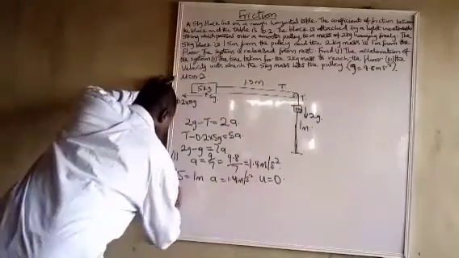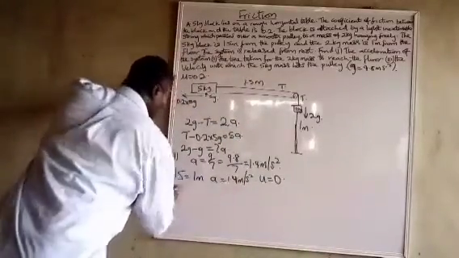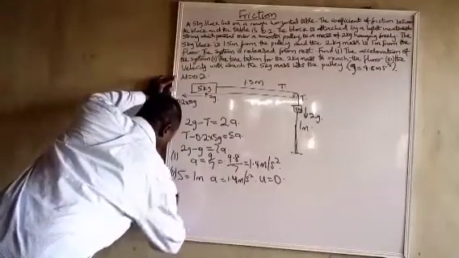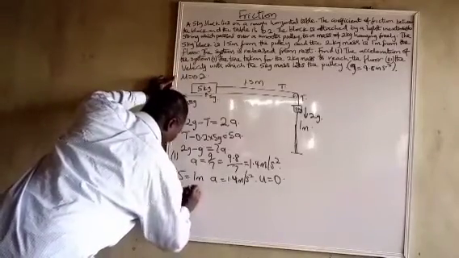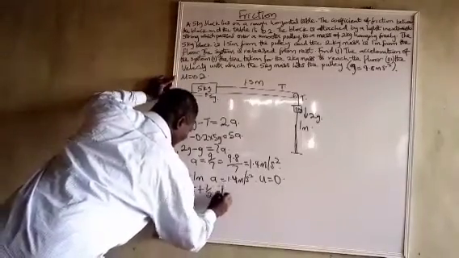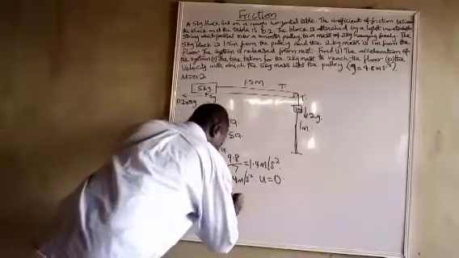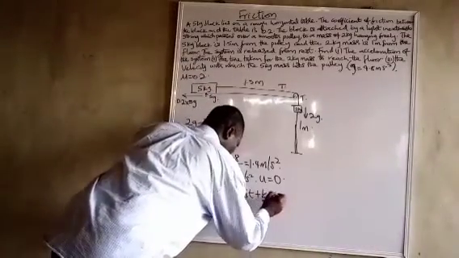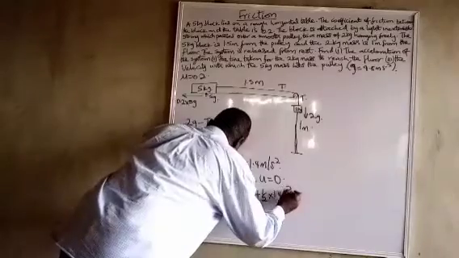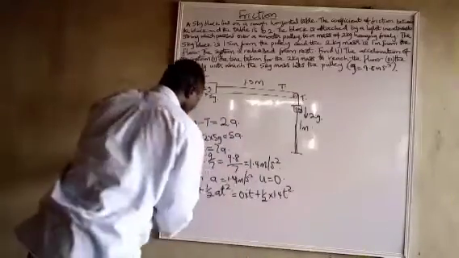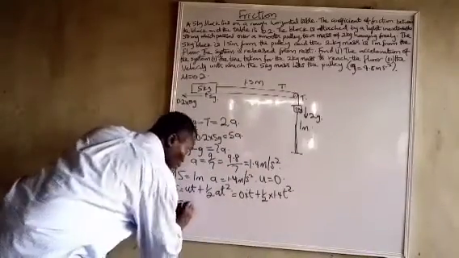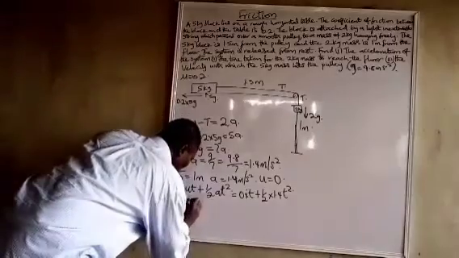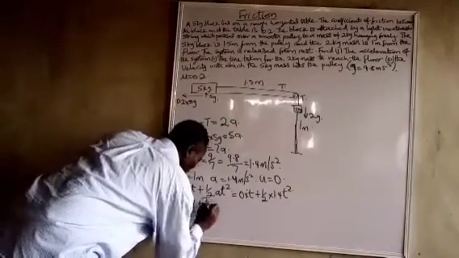Therefore, for t, we can use s equals ut plus half a t squared. That is 0 times t plus half times 1.4 t squared, and s is 1. So 1 equals 1.4 over 2 t squared.